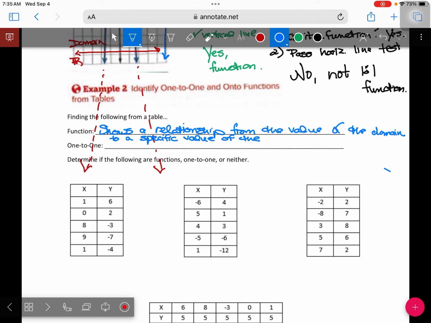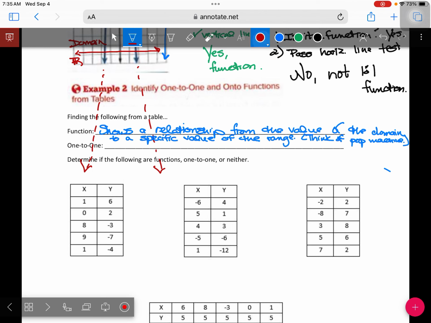Shows a relationship from the value of the domain to a specific value of the range. Okay? And I said, think of your pop machine. An example would be like the pop machine.